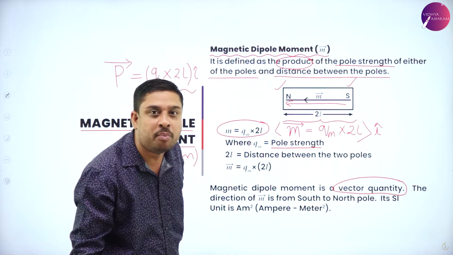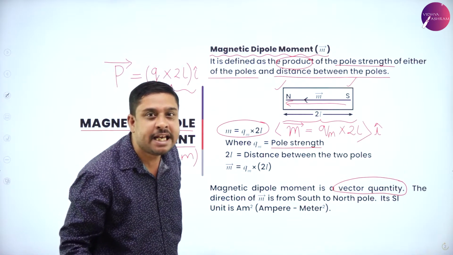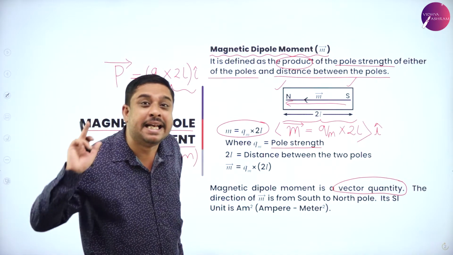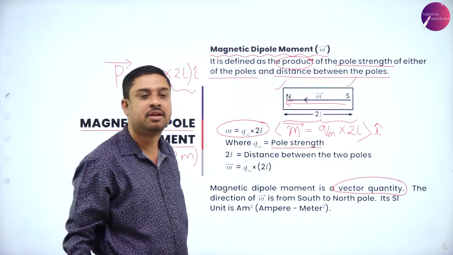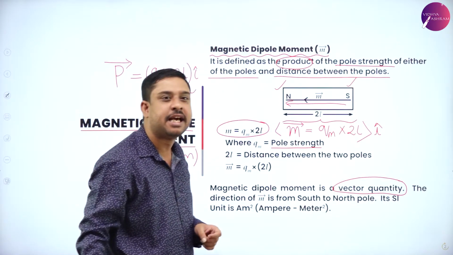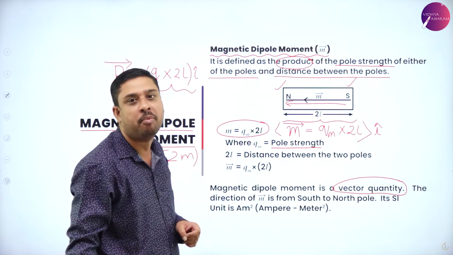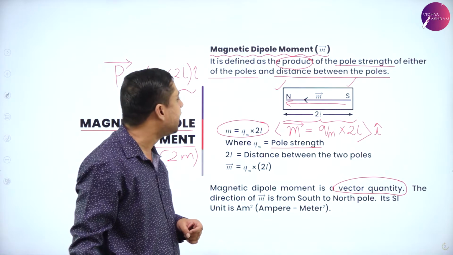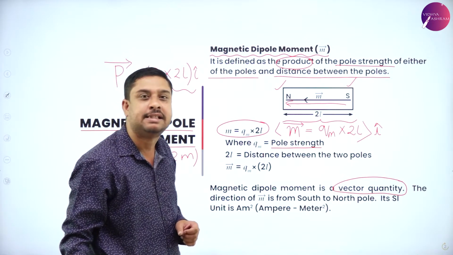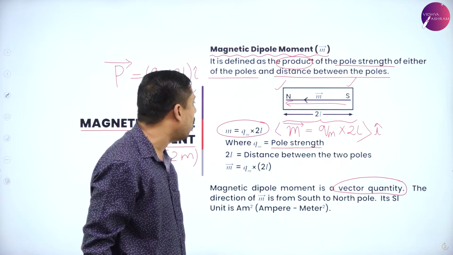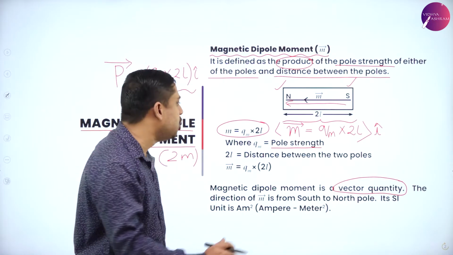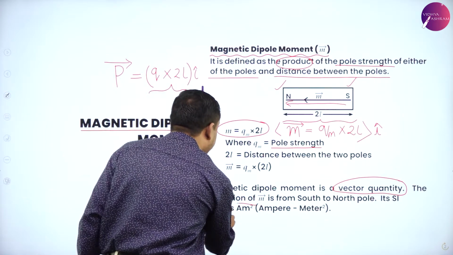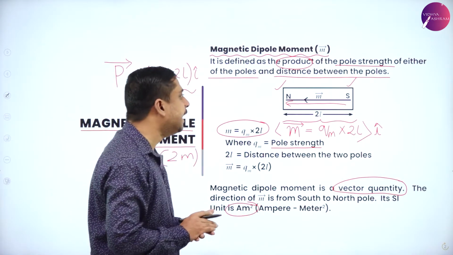Electric dipole moment is directed from the negative charge to the positive charge. Magnetic dipole moment is directed from the south pole to the north pole, and its SI unit is ampere meter square.